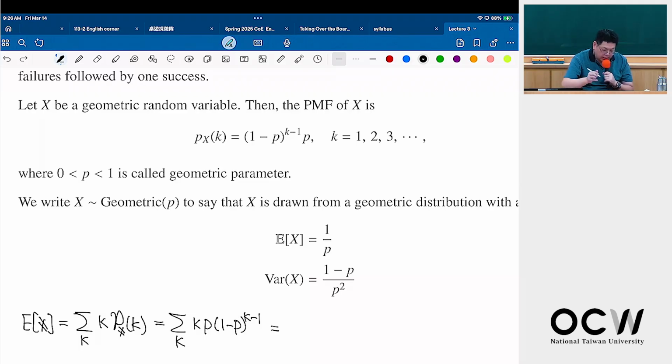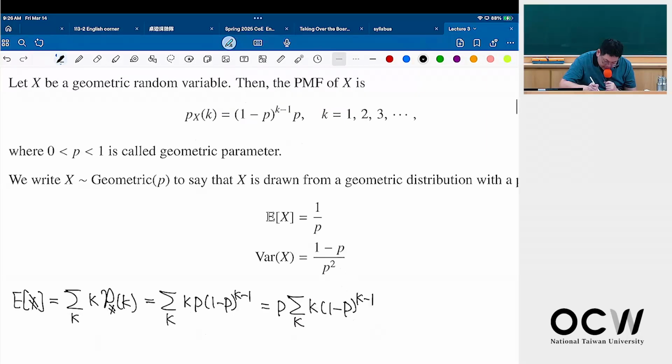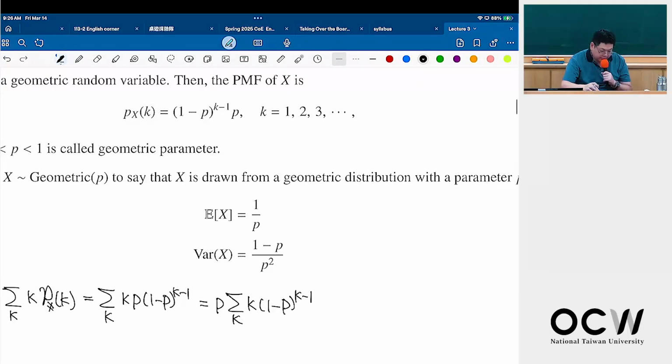Okay, so this time we can put p outside because we do the summation for k. And for this summation, it's an infinite summation, because you probably never get head. So you are so lucky that you always get tail. So here will be 1 divided by 1 minus the ratio, squared. That gives you 1 over p.